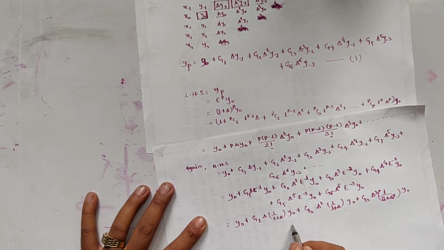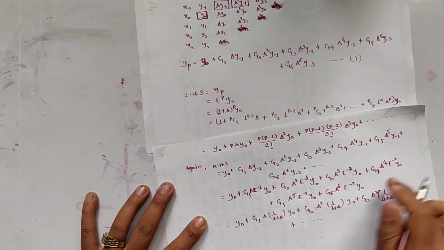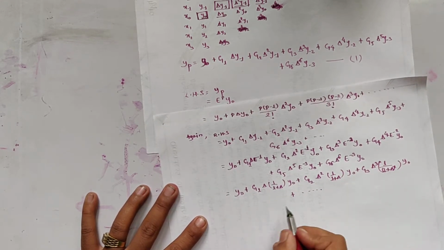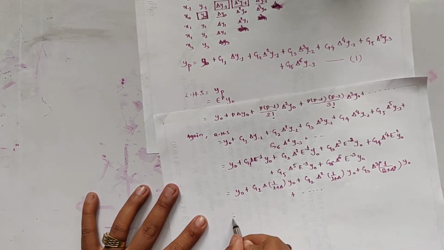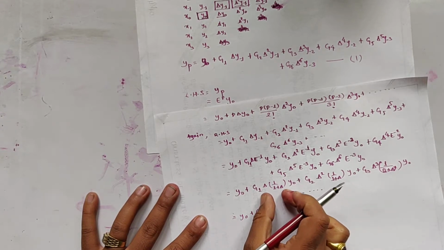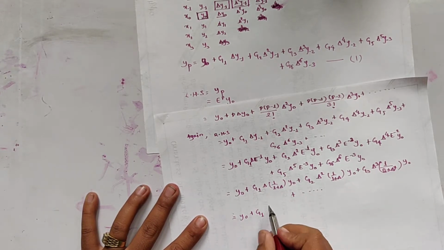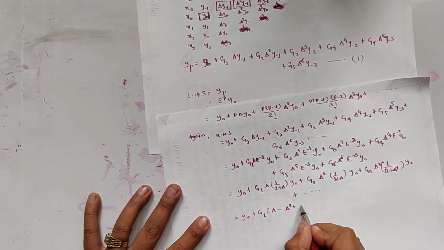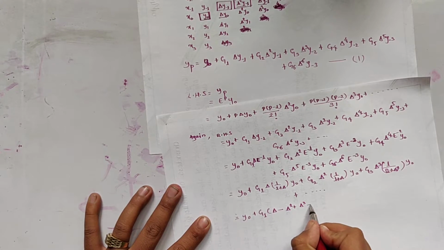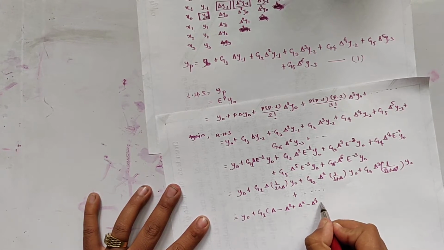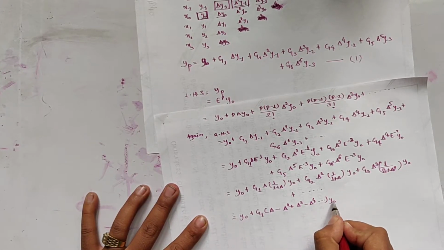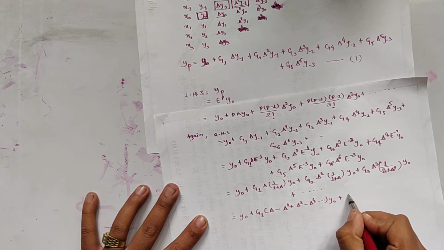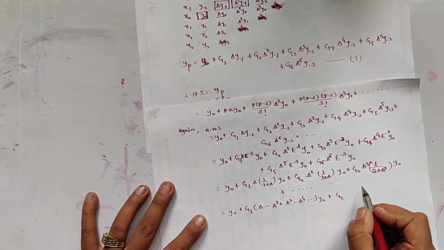I will neglect the next term, please write it yourself. And we get it as y naught plus g1. When we expand this, we get it as delta minus delta square plus delta cube minus delta power 4 dot dot dot, y naught plus g2.